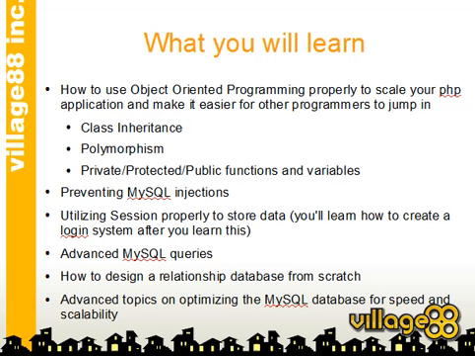If you don't understand object-oriented programming, your program is not going to scale. It's going to be hard for you to get another programmer to jump in and work on the program. So it's critical that a programmer understands how object-oriented programming works.